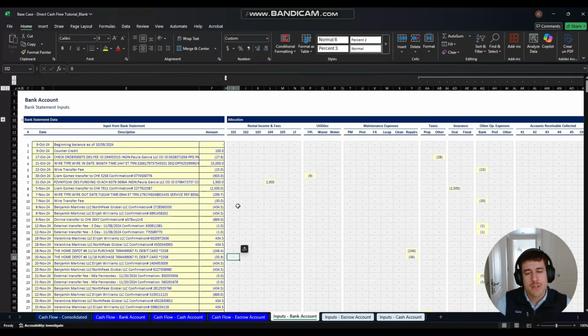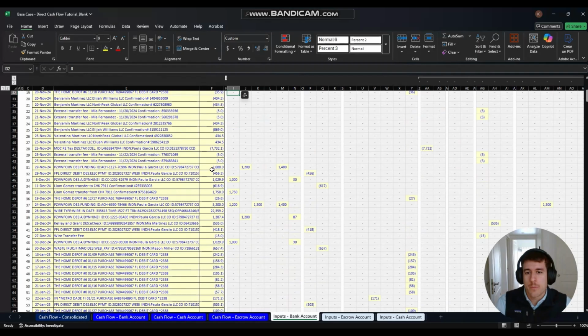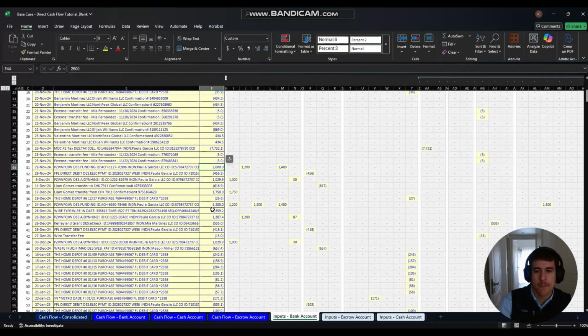Because 90% of the time, records in the bank statement will correspond to a single transaction. But there are a few times where the money that we receive in a single transaction corresponds to several transactions.